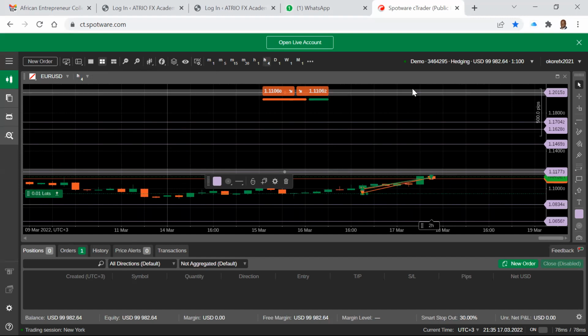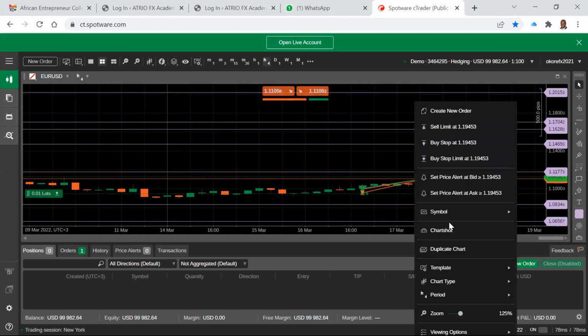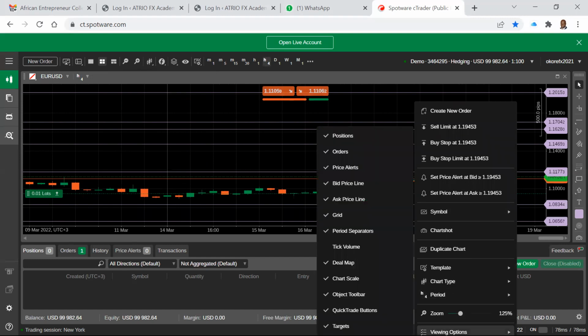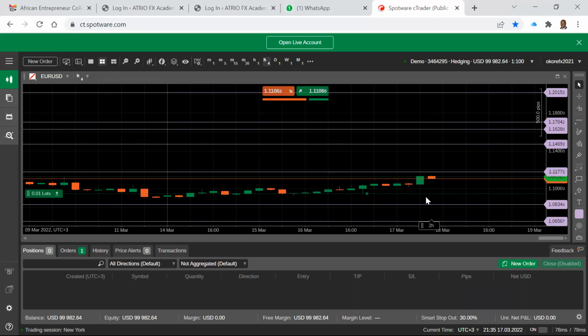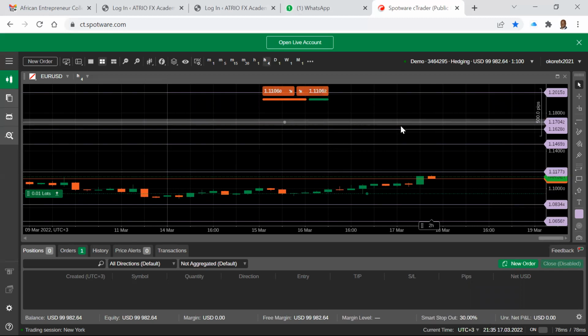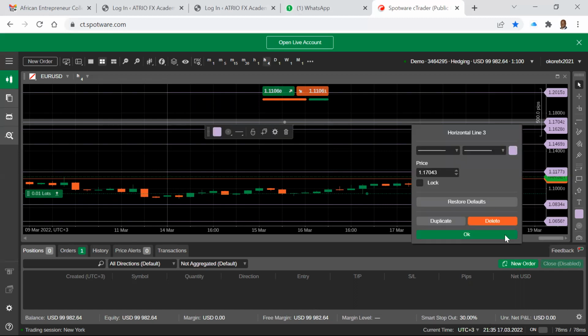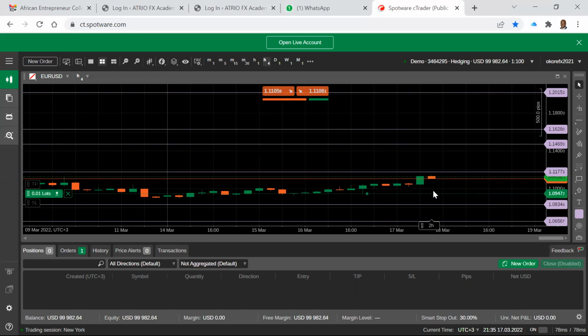So I come here and right click, and then I come to view options, and then I click on the deal map. If I click on the deal map, those lines will disappear. Okay, there I have unchecked. So now they are not there.